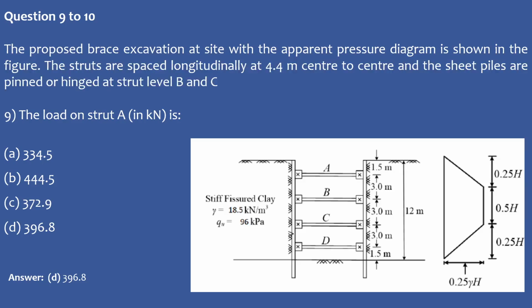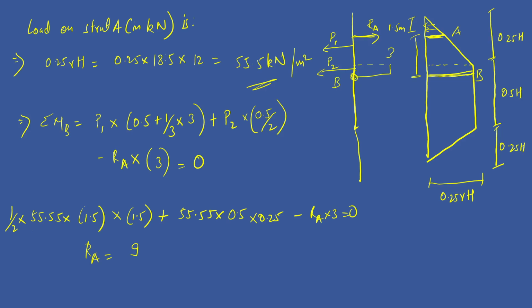So that is 0.25 h, and H is your 12 meters, so that is 3 meters. So this is 3 meters and it is acting at a distance; half into 55.5 into 3 will give you this, and then you need to take the lever arm. The lever arm is available at a distance of 0.5, so it's 1.5, and again this is 55.5.